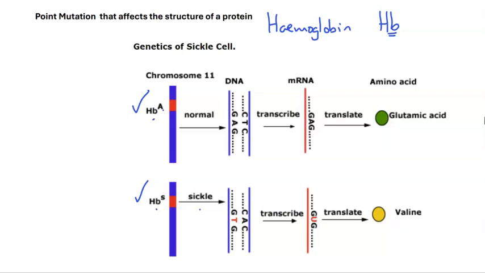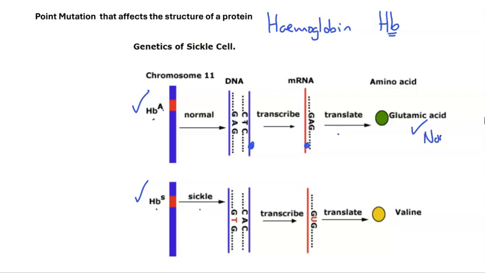And you can see here that in DNA we have GAG at the codon, and complementary is CTC. And when transcribed, that would give us GAG. So this is the antisense which has been transcribed. And so we get GAG, which translates to glutamic acid.